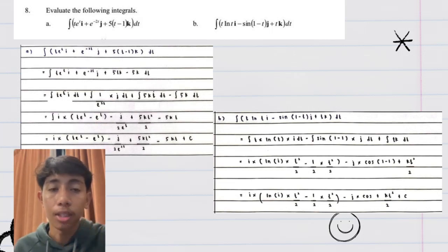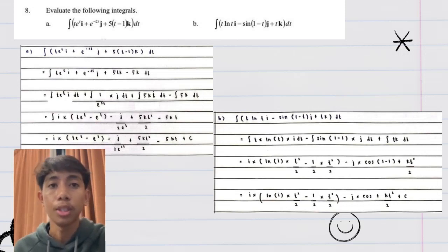For question 8a, we need to split the integral first, and the final answer is i multiplied by e to the power of t minus e to the power of t minus j over 2 e to the power of 2t plus 5kt squared over 2 minus 5kt plus c.